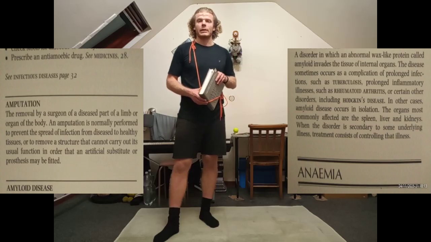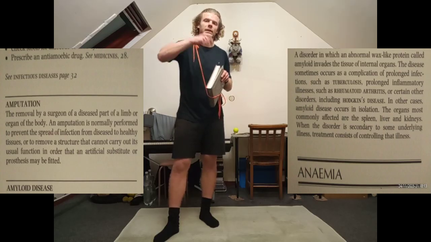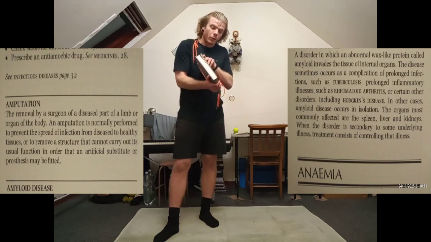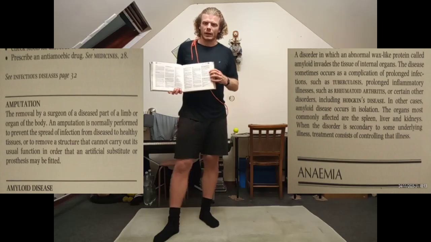It can come as a complication of tuberculosis, rheumatoid arthritis, and Hodgkin's disease. Most affected are the spleen, liver, and kidneys. If it is a complication of these diseases, for example, then the treatment of these diseases is the treatment of amyloid disease. That is according to Keith Hodgkins, Family Medical Advisor, page 72, but this is no medical advice.